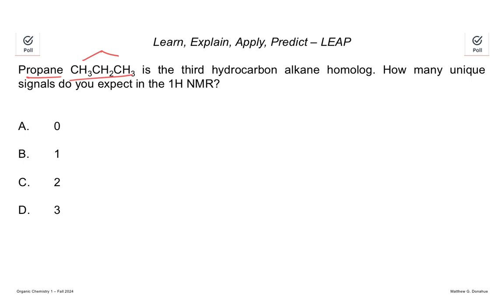So there should be 2: CH3, CH2, CH3. We can see that there's a line of symmetry that bisects carbon 2, and that renders the CH3 groups on carbons 1 and 3 equivalent. Then the CH2 group, or methylene group, is its own thing.